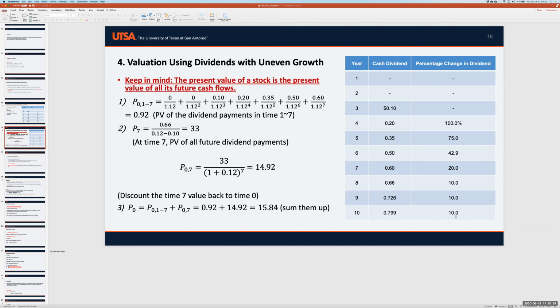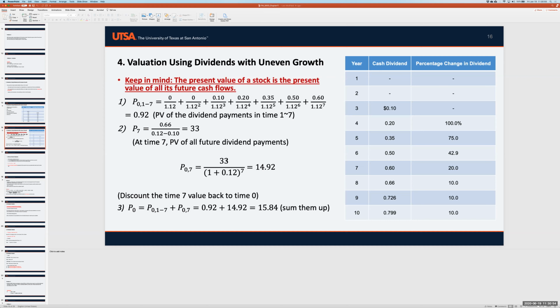So we assume this is infinite, and we calculate the value of the stock at time 7 by using this constant rate, 10%. So we find at time 7, the value of the stock is 33.